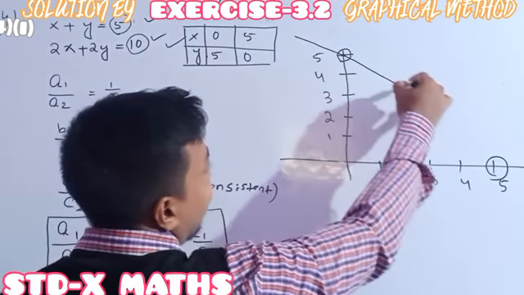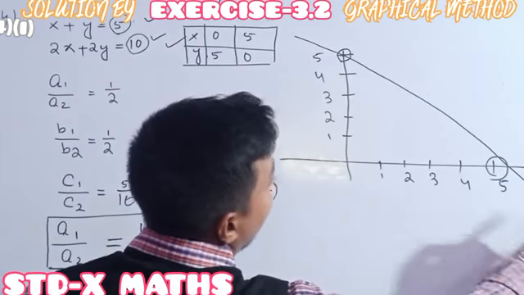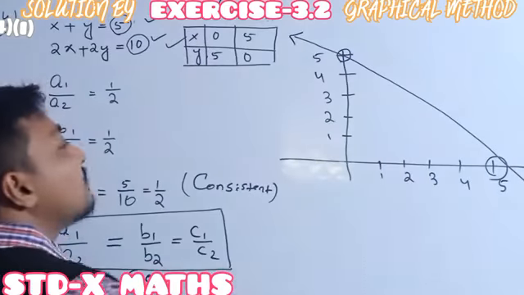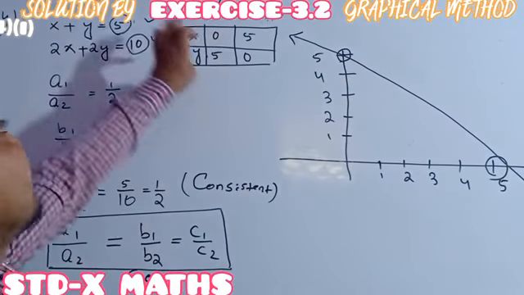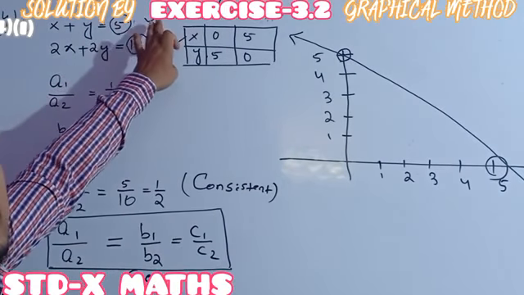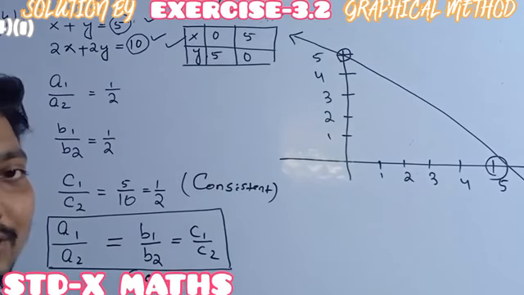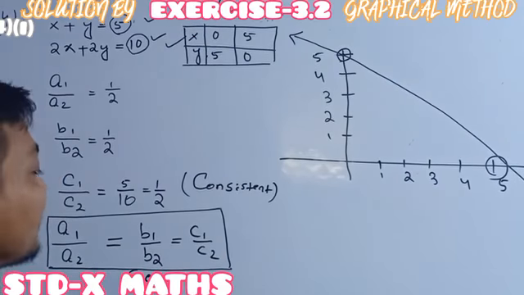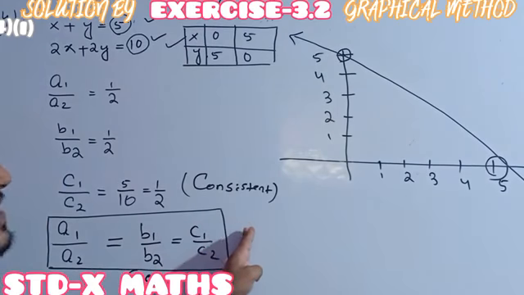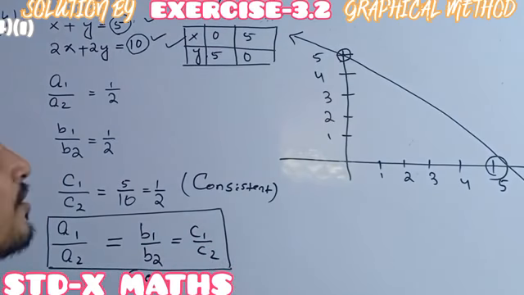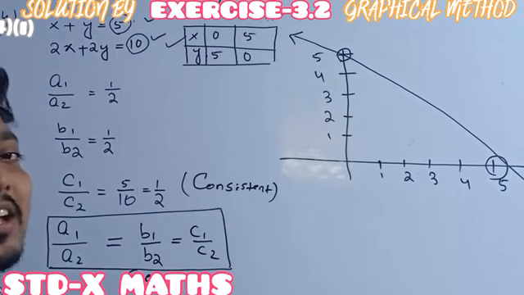On joining and extending, whatever line you obtain represents the upper equation, and the same line will represent the lower one. Why do both lines represent the same? Because from the ratio checking, we have already got confirmation that the two lines will be coincident. Coincidence means both will represent the same line.